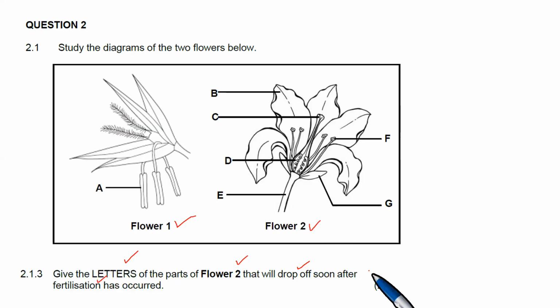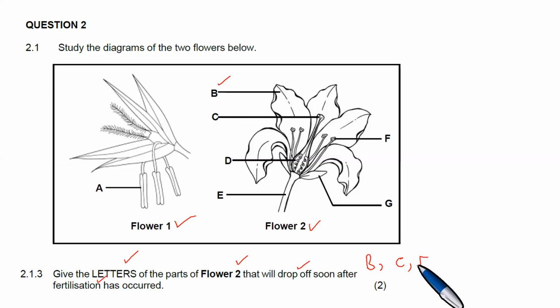We know that part B will drop off after fertilization, in other words, the corolla will drop off. We know that part C will drop off. The stigma will also drop off.